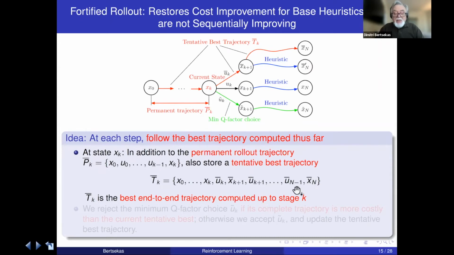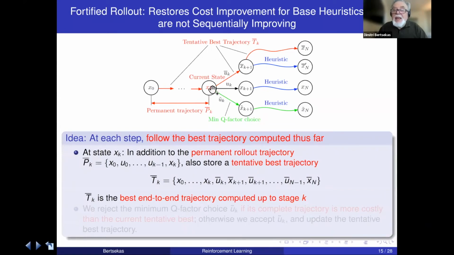So we maintain this trajectory, and now at xk, we apply rollout. We apply all the different controls, we calculate their corresponding Q factors, and we find the one that has the minimum Q factor. And let's say it's this green control here. This has the best Q factor over this, over that, and so on.